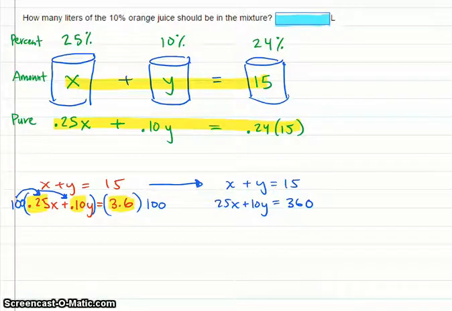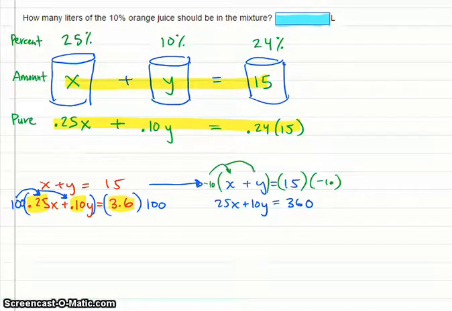So that's exactly what I'm going to do. I'm going to multiply it by negative 10 here, and then negative 10 on the other side as well. All right, so distribute. That'd be negative 10x, and then negative 10 times y would be minus 10y is equal to 15 times negative 10, which is negative 150.